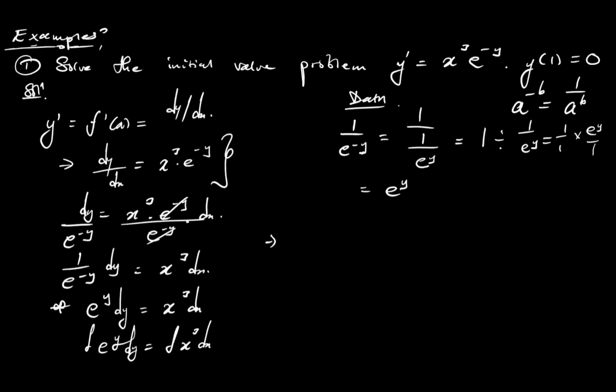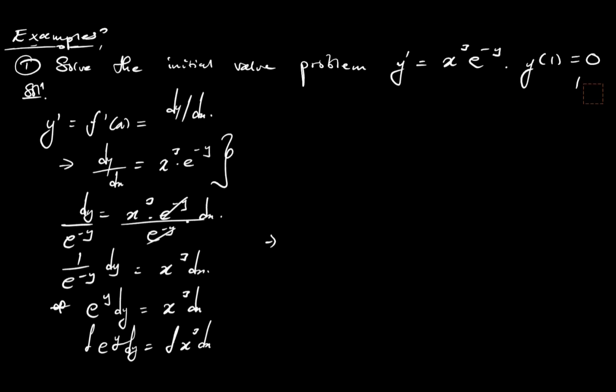Remember, when it comes to derivatives, if you are looking for the derivative of e to the something, it is always the derivative of the something, multiplied by e to the something.